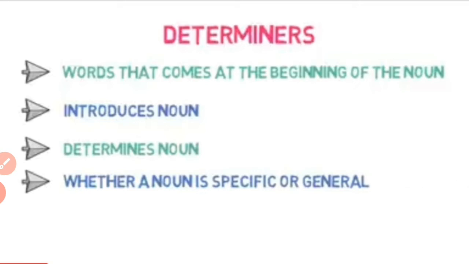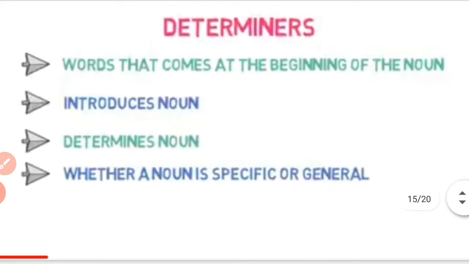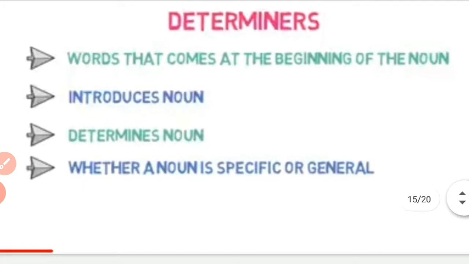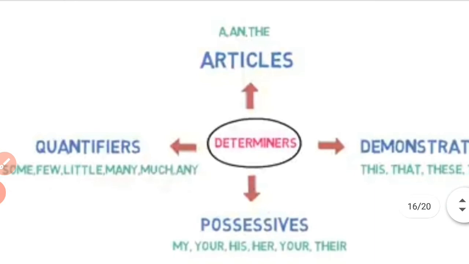Now what do these determiners do? These are the words that come at the beginning of the noun, introduce the noun, and determine whether a noun is specific or general. This is the function of a determiner. Now types of determiners.